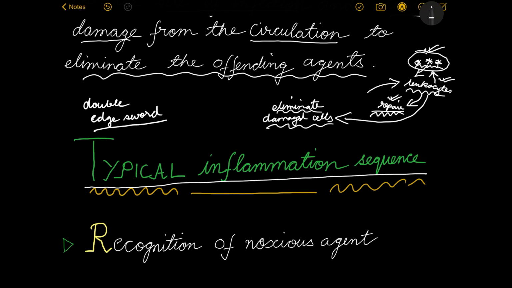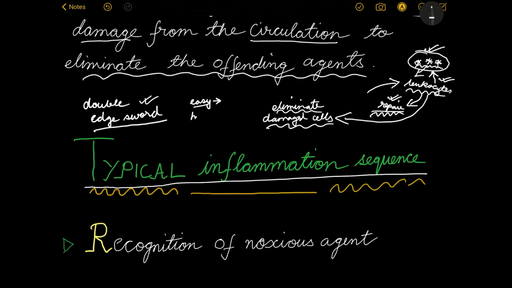And depending on what kind of offending agent you have and how easy it is to eliminate the offending agent, the damage caused by the inflammation to the host will vary. If the offending agent is easy to remove, then it's not going to be too damaging for the host tissue.